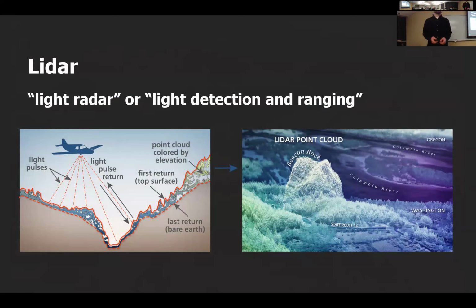So you can use this technology to measure the elevation of the ground and of vegetation on the ground. So left, cartoon of LiDAR. At the right is the resulting data, which is a point cloud of all of these elevations.